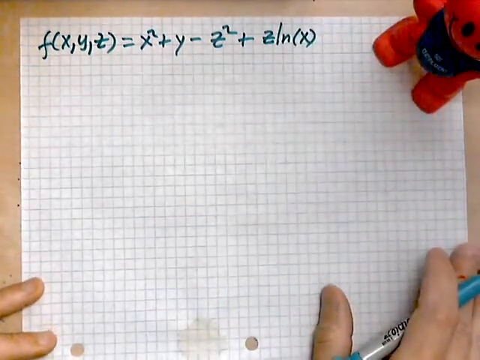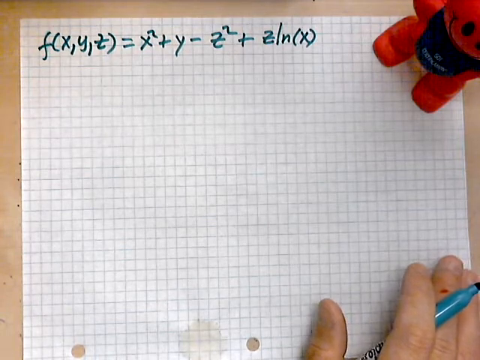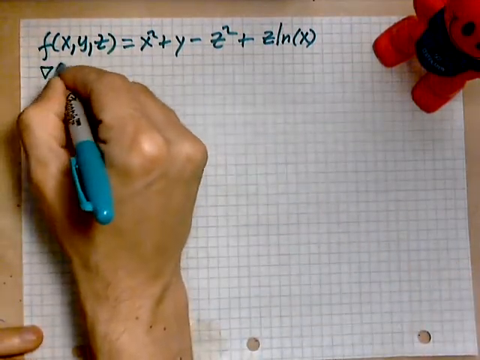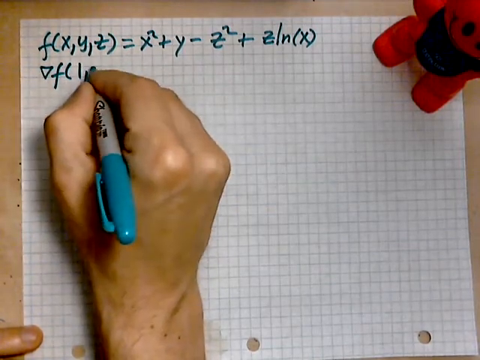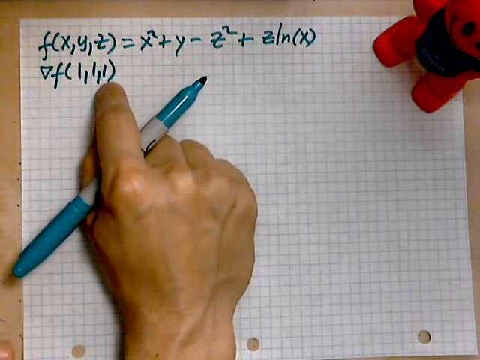Okay, so this is our function, and we will find the gradient of the function here at the point (1, 1, 1), a point in three-dimensional space.